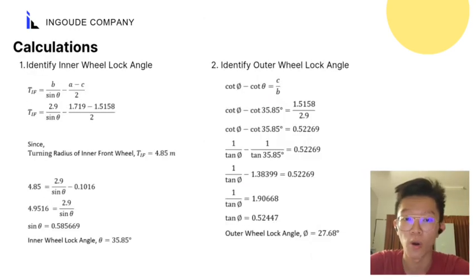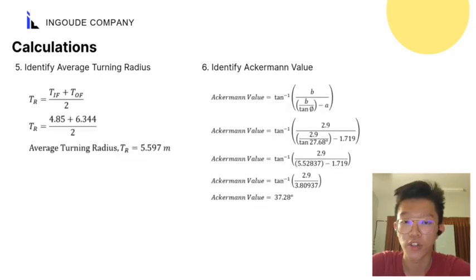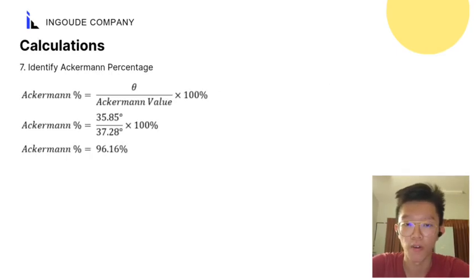After obtaining all the terminologies and the parameters that are needed, you will have to find the inner wheel lock angle as well as the outer wheel lock angle. Other than that, the inner wheel turning radius as well as the outer wheel turning radius will also be identified. Then the average turning radius as well as the Ackermann value will be determined. For the last part of our calculation, we'll be identifying the Ackermann percentage.